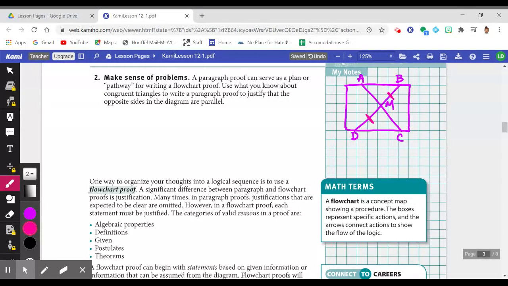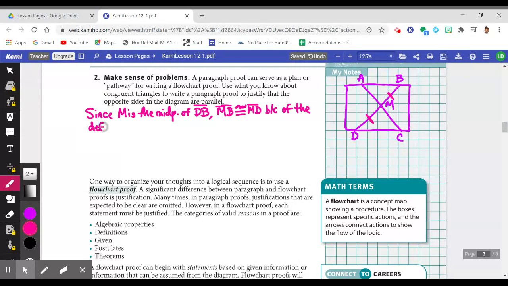So the way a paragraph proof looks is, since M is the midpoint of DB, MB is congruent to MD because of the definition of midpoint.